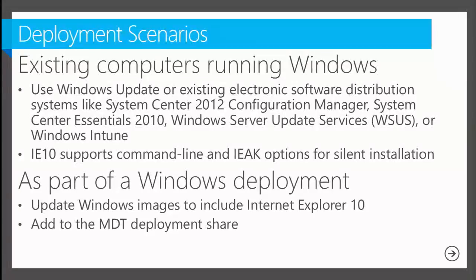And the bottom line here is I go through some of these: System Center Configuration Manager, System Center Essentials, Windows Server Update Services, Windows Intune. Whatever you happen to use for pushing out updates or pushing out packages, we want to be able to support that. And you can even use a share and push it out through group policy if you're still doing things like that. A little more problematic, I think, than using some of the automated tools.